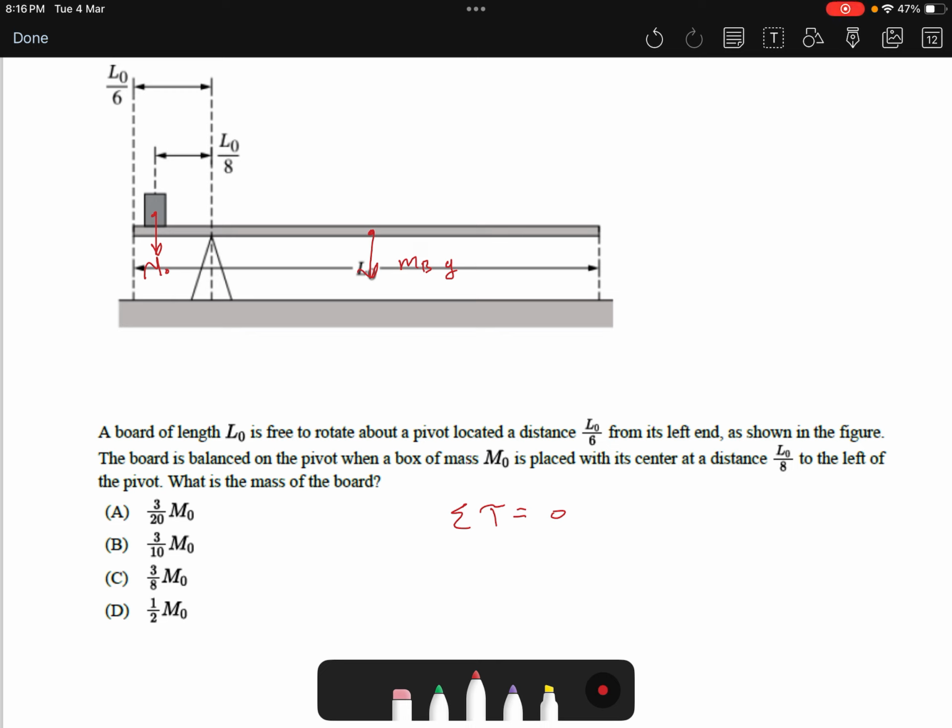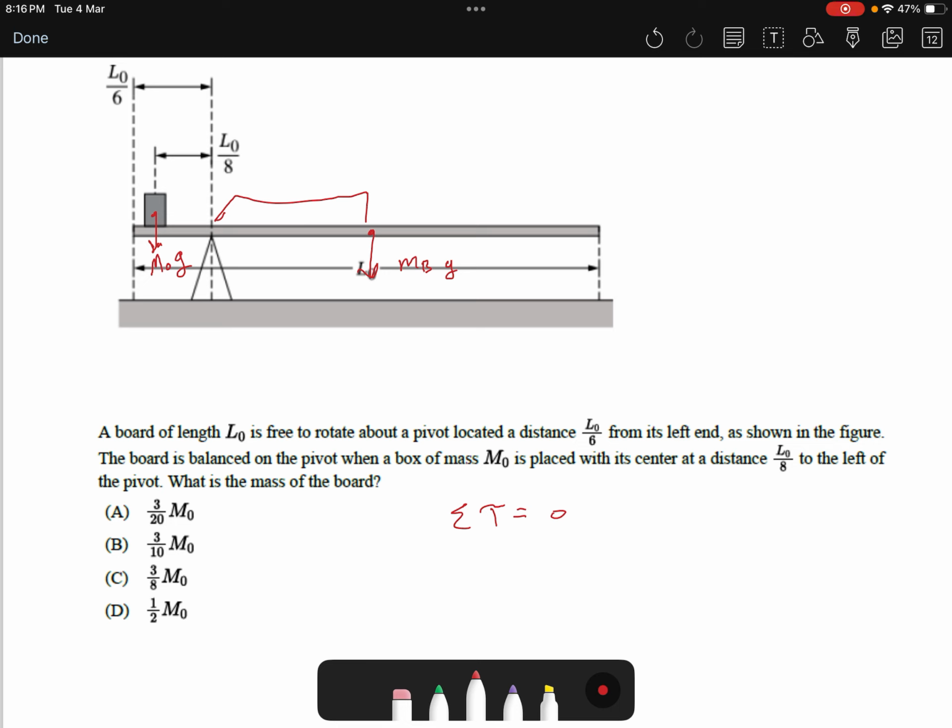Here we have the first force, which is M board times G, and here we have M0 times G. So these 2 forces. Before we start, let's find this distance because we will need it.